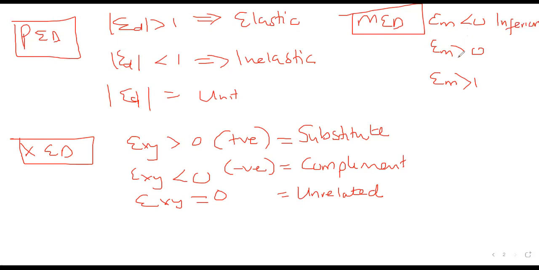If it's more than 0, it's a normal good. If it's more than 1, it's a normal good, but a luxury. This one is normal, but a necessity. It's less than 1. Are we together?